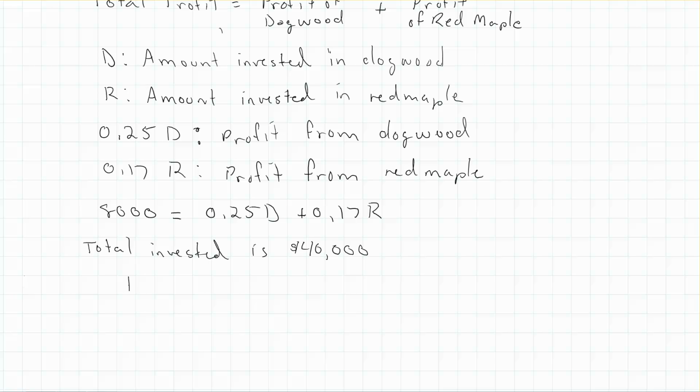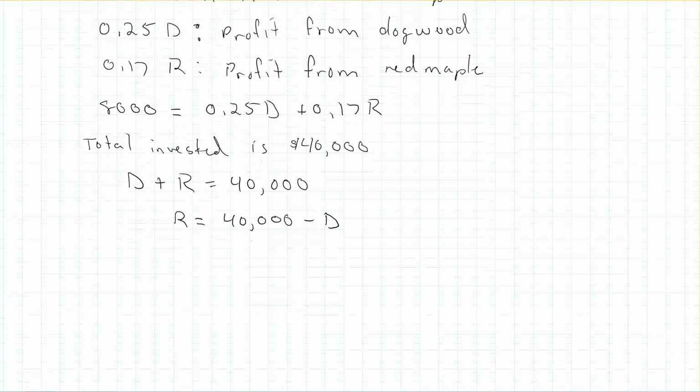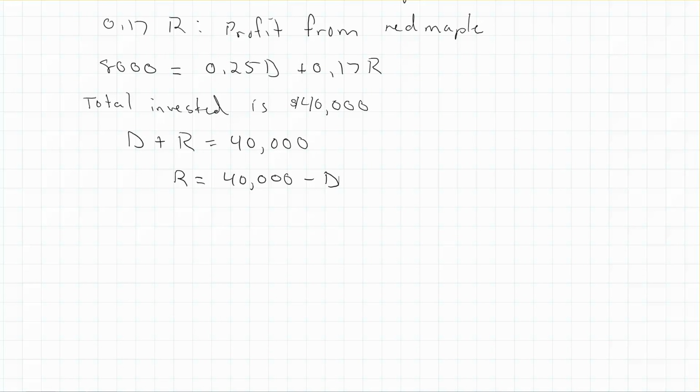So what does that mean? If the total amount that I've invested is $40,000, that means D plus R is equal to 40,000. Now, you can solve for either one here, it doesn't matter. I'll just solve for R, so R is equal to 40,000 minus D. Well, now I can take this expression and substitute it in right here.